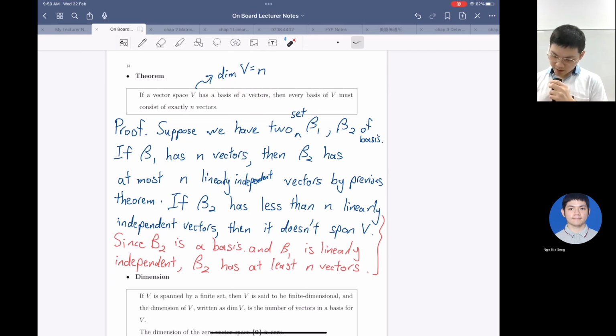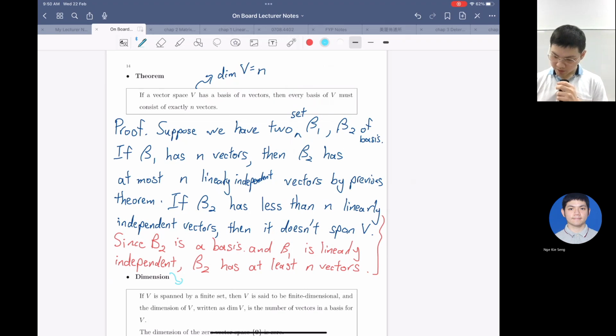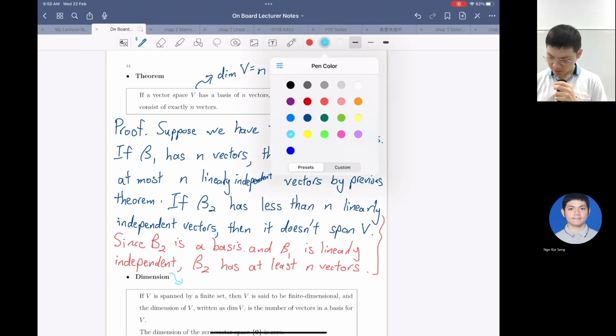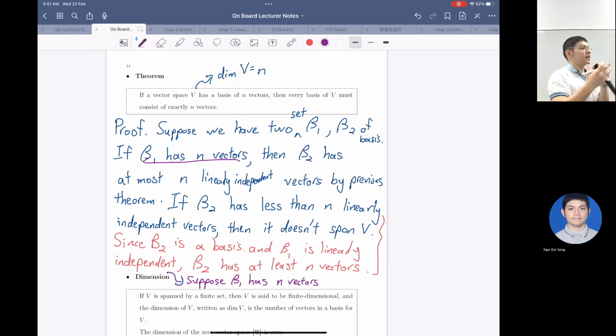And B1 is linearly independent. We already suppose B1 has n vectors and they are linearly independent.